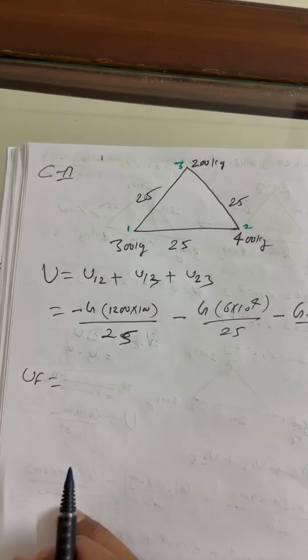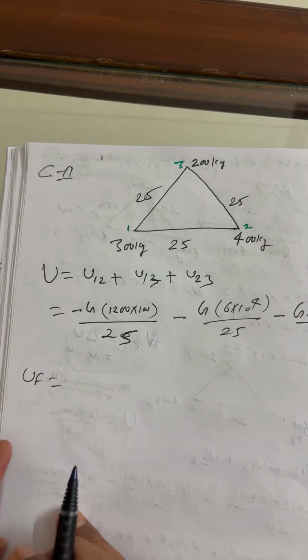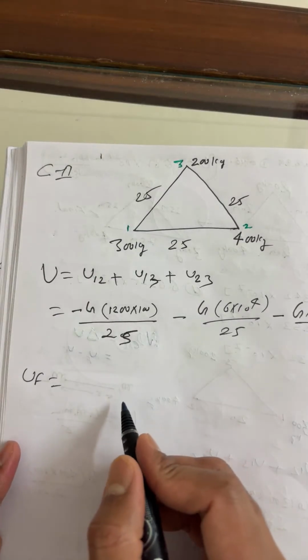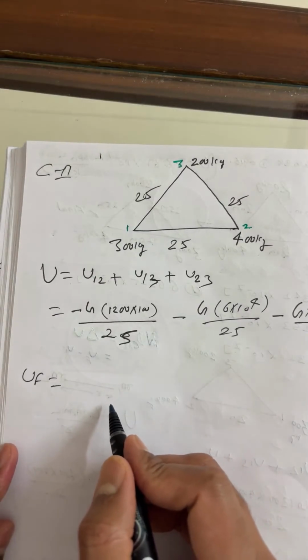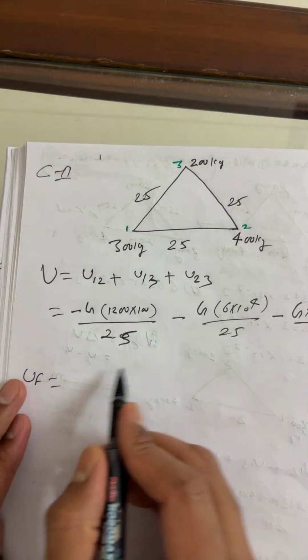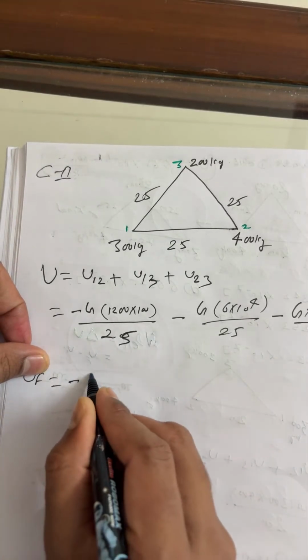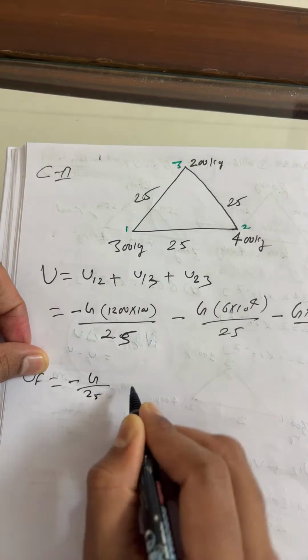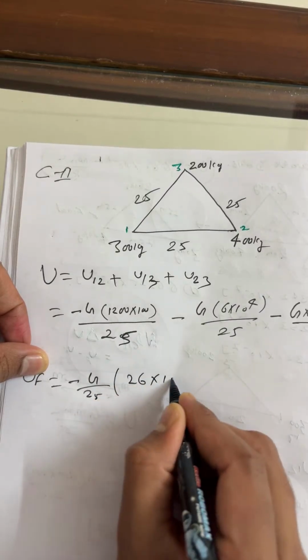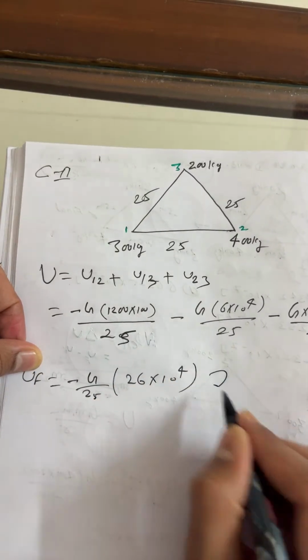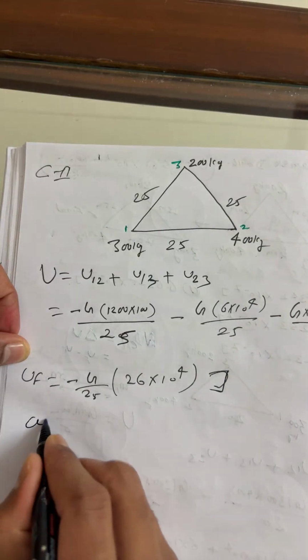You can write, this is the same only. So I can say, we can further apply what is the answer we are getting, right? Minus G by 25, 26 into 10 to the power 4 in joule. Then further we can apply here.